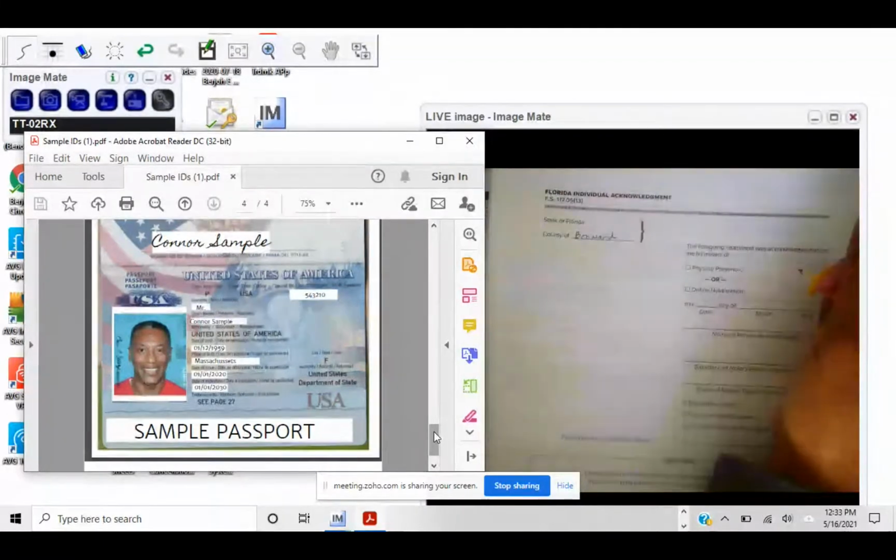Now, because you guys are performing these notarial acts from your home, I want you to use the county where you are right now. Remember, the county is always wherever you are at the time that you're doing the notarization. So for this sample, you're at home, so use your county from home.